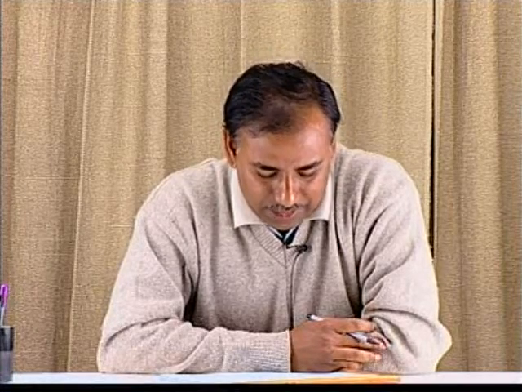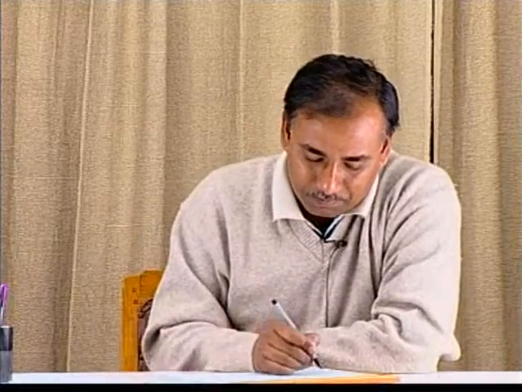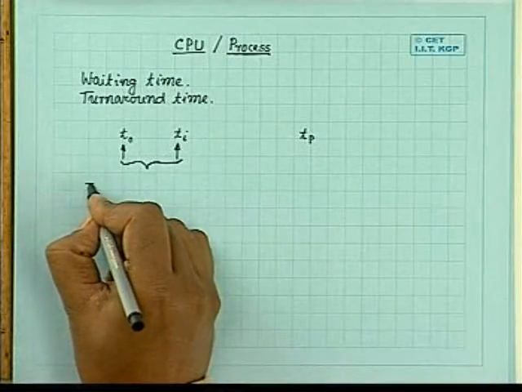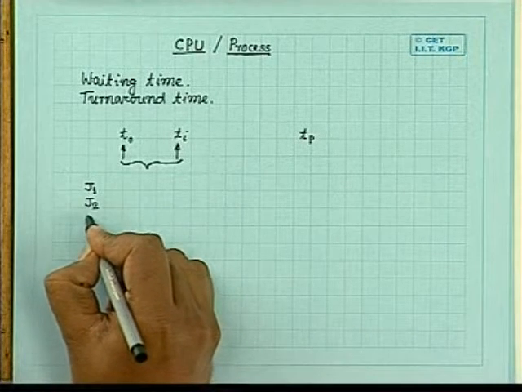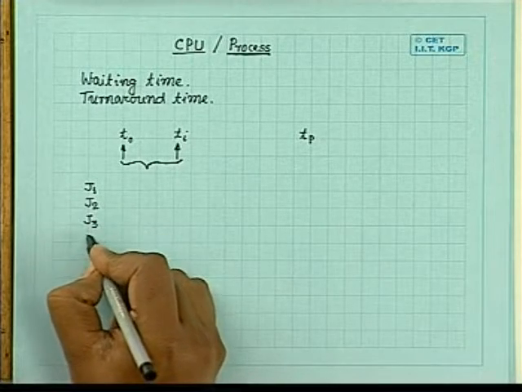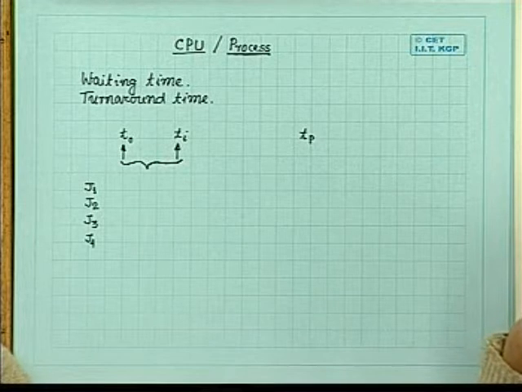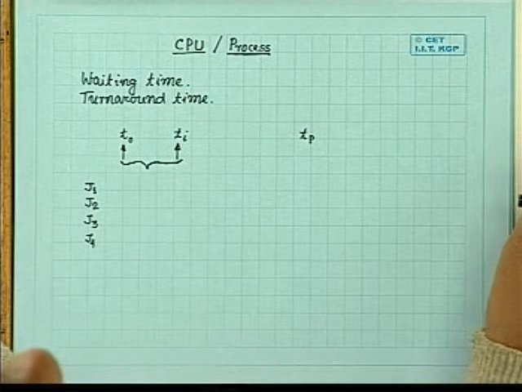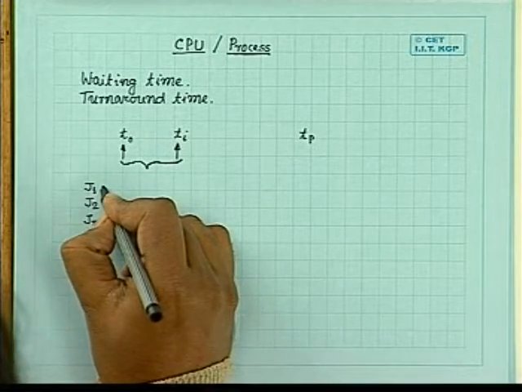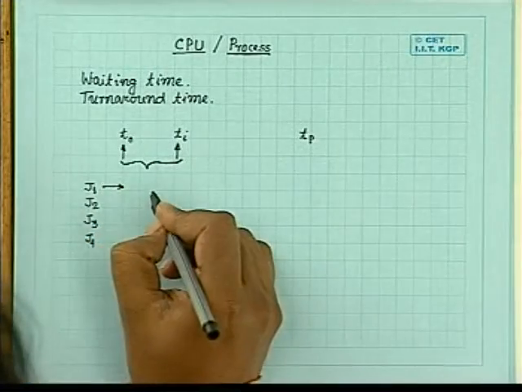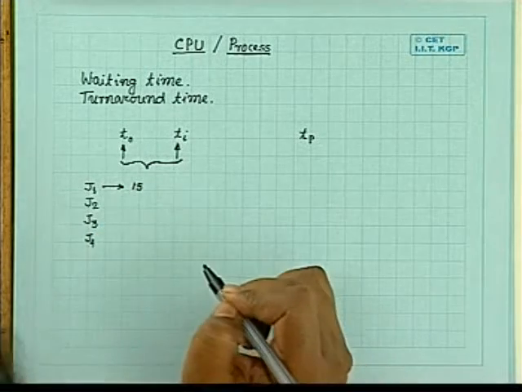So, let us consider a situation that we have a number of jobs, say job J1, a job J2, a job J3, a job J4. So, these are the 4 jobs that I have in the system. Job J1 takes a time of, let us say, 15 time units for execution.